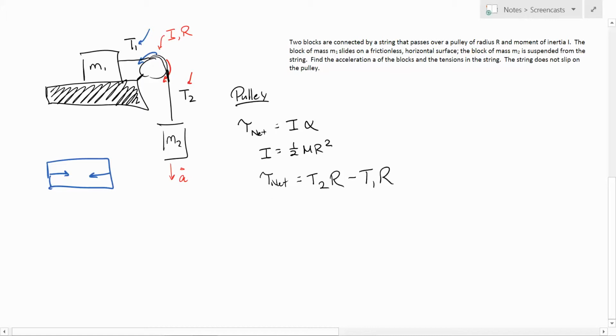Minus T1 R. And so we get that alpha must then be twice T2 minus T1 over MR. Yes? Yes. So that's useful. It's doubly useful because this must have a linear acceleration that matches everything else. So then a must be R alpha, must be twice the difference of the tensions over M.